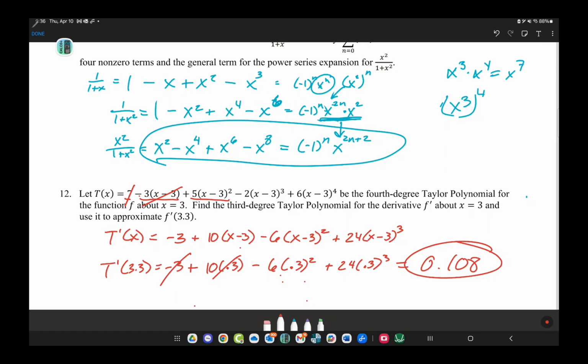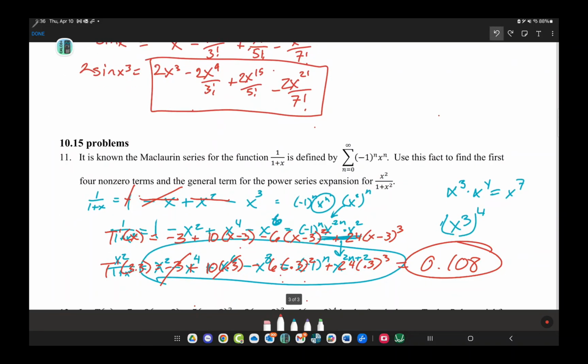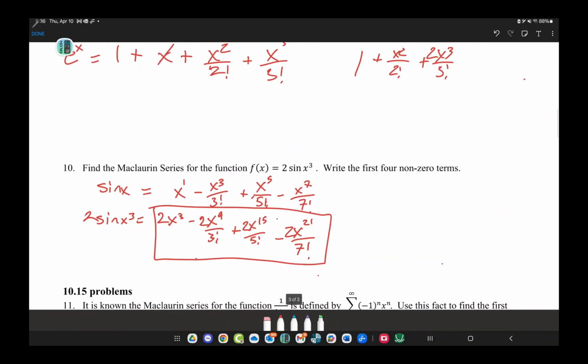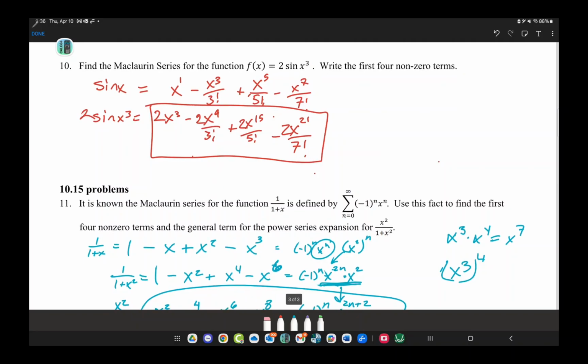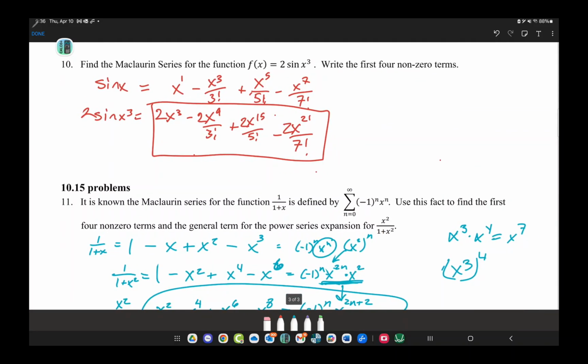Where's 10 at? Actually, 10 and 11 are very similar, aren't they? They're kind of the same question.